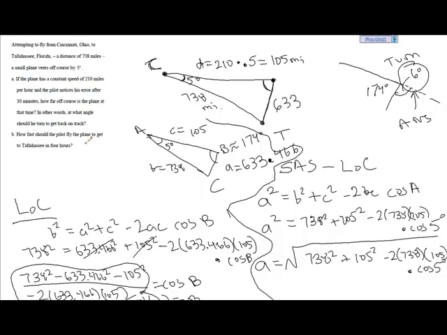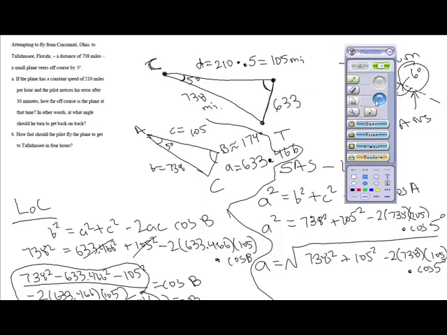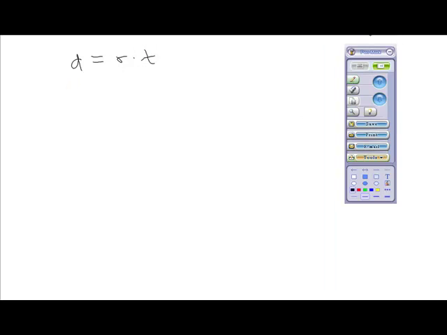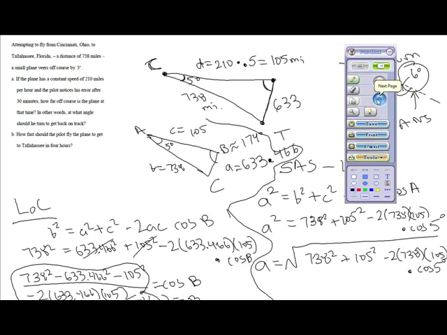Part B: how fast should the pilot fly the plane to get to Tallahassee in 4 hours? Well, we know how far he has to go to Tallahassee. We actually had to solve for that on the way to getting the answer that we wanted. So remember, distance equals rate times time, and he needs to travel 633 miles.